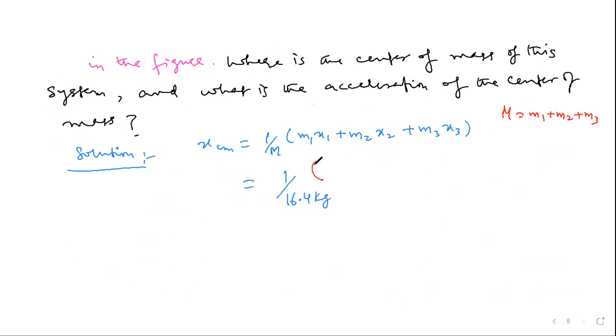Then what is inside the bracket? 4.1 kg into minus 2 centimeter, plus 8.2 kg into 4 centimeter, plus 4.1 kg into 1 centimeter, right?